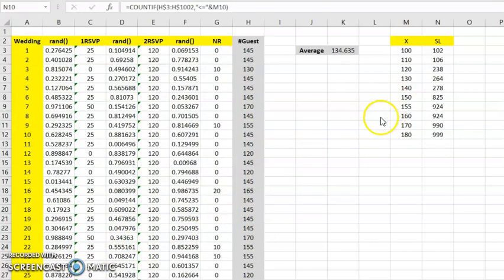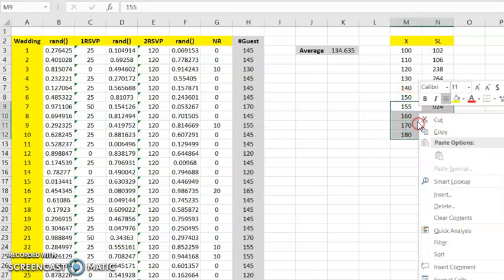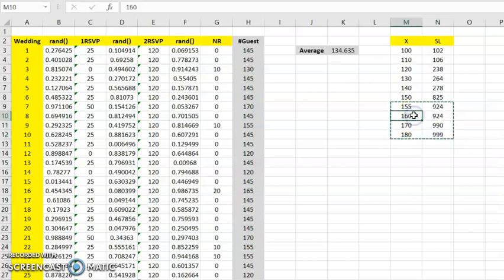Okay, we get now 924, and that's the thing that I told you in a practical way.